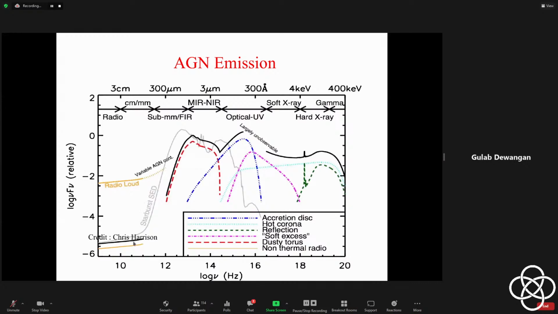And in radio quiet objects, the radio emission is much lower, because the jet is either absent or extremely weak. So we will try to focus on the primary emission, the accretion disk component, the soft excess, the power law, etc., from the central engine of type 1 active galactic nuclei.